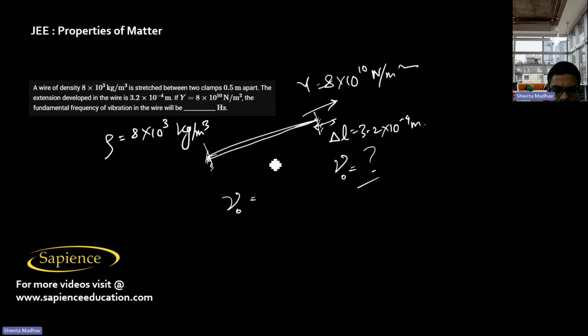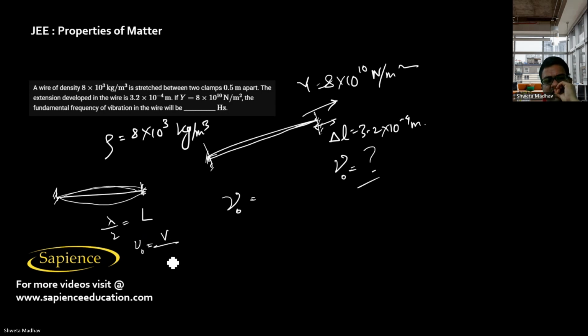When it is clamped, in the case of the fundamental frequency, lambda by 2 is equal to L. So nu naught is V by lambda, that is 1 by 2L into root over T by mu.